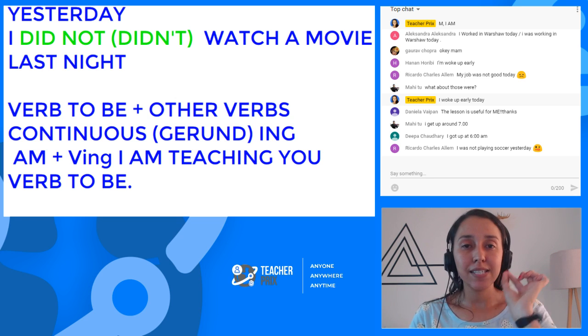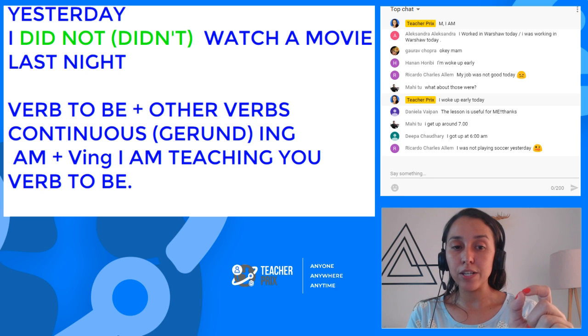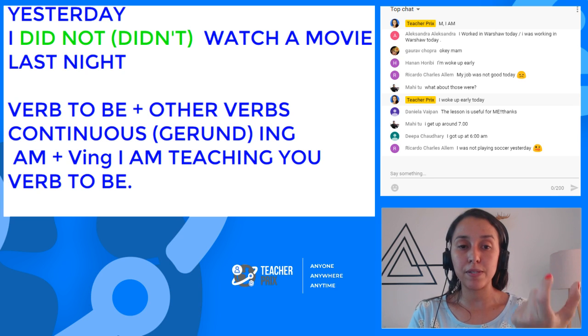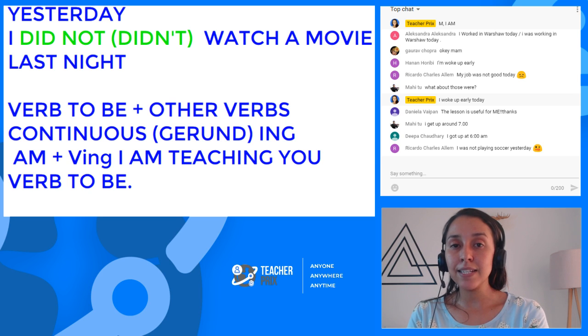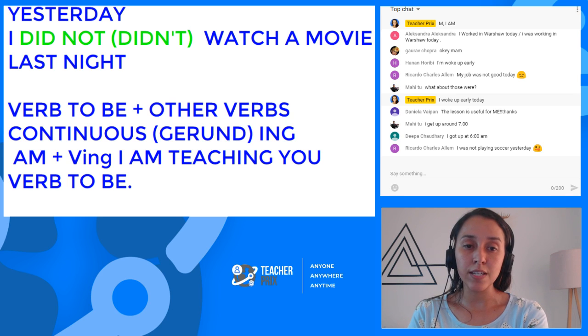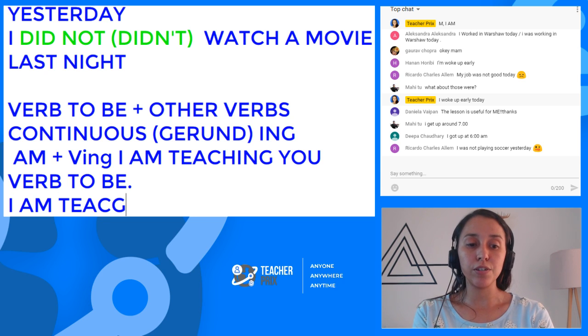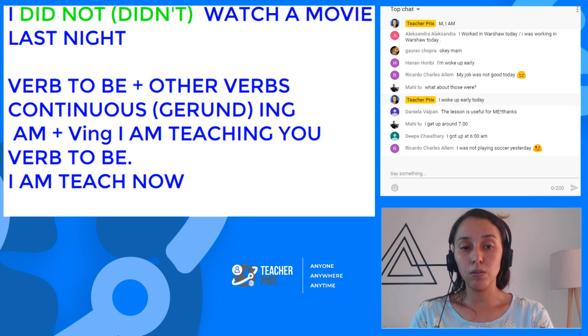I am teaching you verb to be. In this situation, I am connecting two verbs, am and teaching. I need to put this ing in the verb teach. The problem is that many English learners will say, I am teach now. No, you can say, I am teaching now.